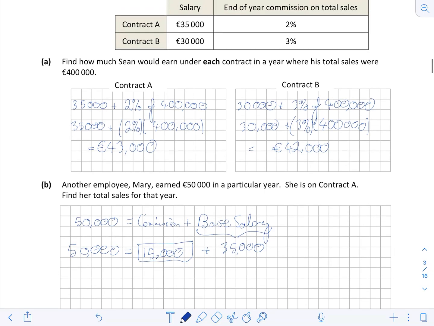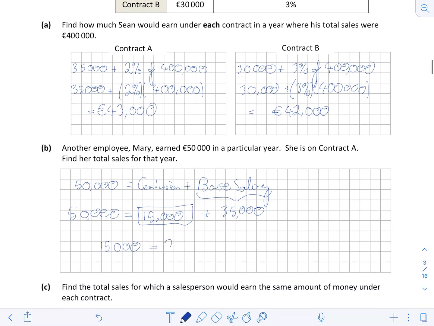And because she's on contract A, we know that 15,000 corresponds to 2%. So this question here, find her total sales. Well, that's 100%. So what do I do to 2% to get up to 100%? If I know that 2% is some number, what would I multiply that number by to get 100%?